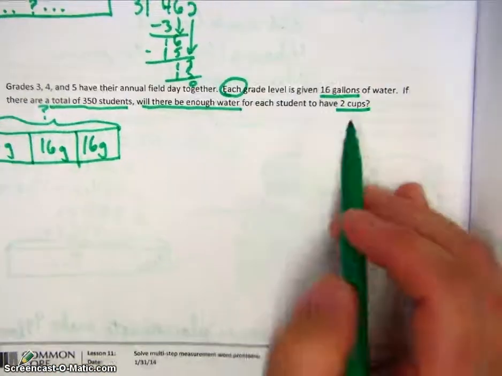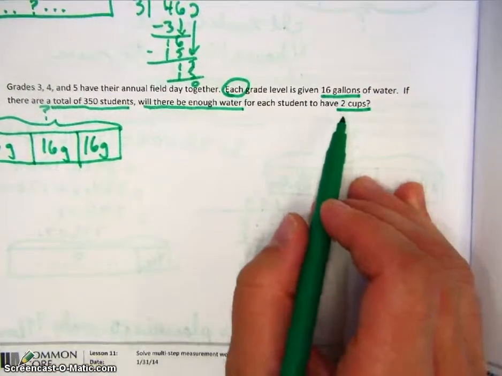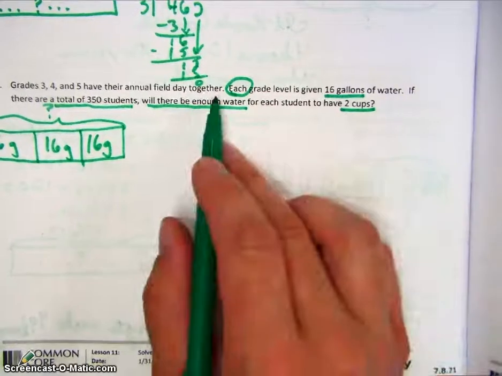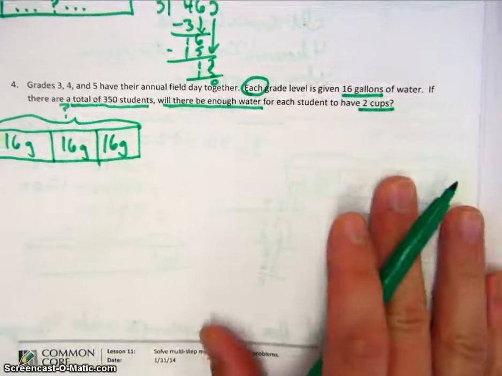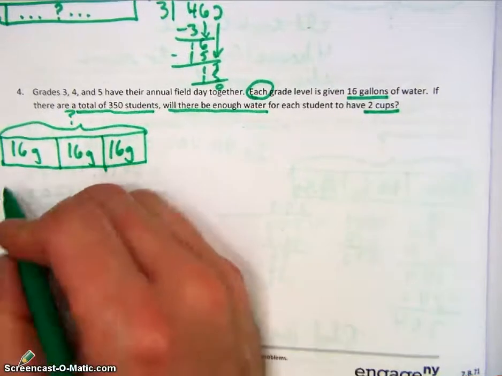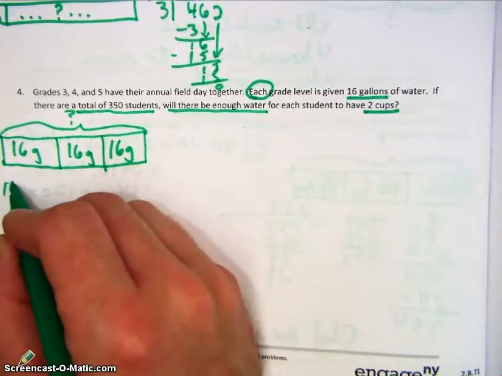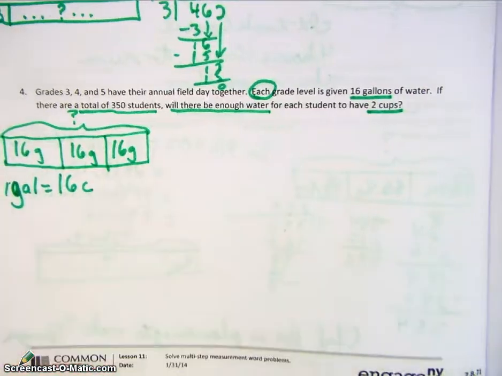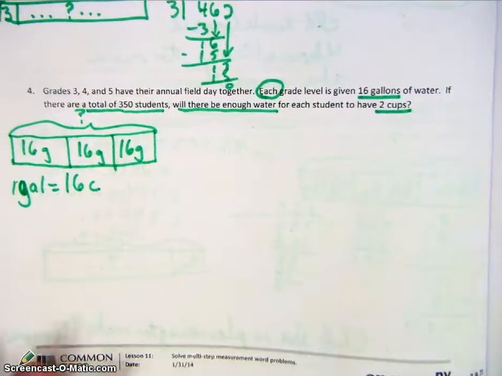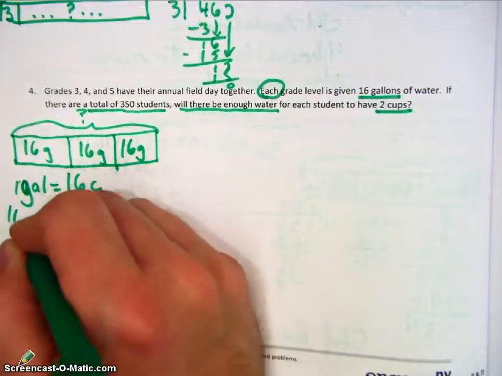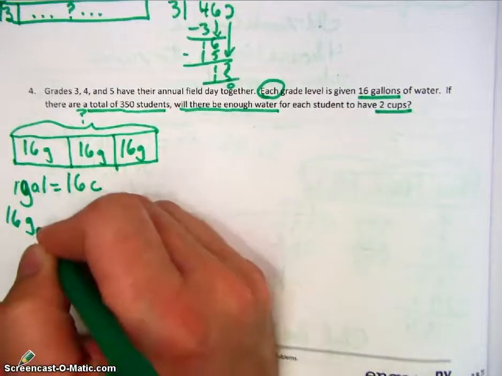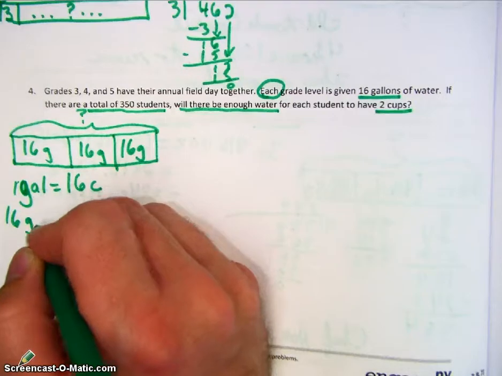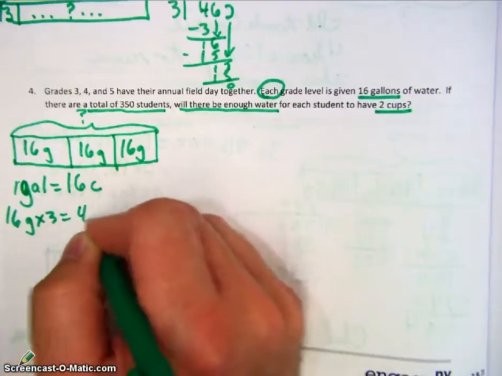Okay. Now we see here that each student is getting 2 cups. So what we need to do is convert our gallons into cups so that we have common units. So 1 gallon equals 16 cups, and we remember that from our gallon picture on the front of our book. So that means 16 gallons times 3 is 48 gallons.